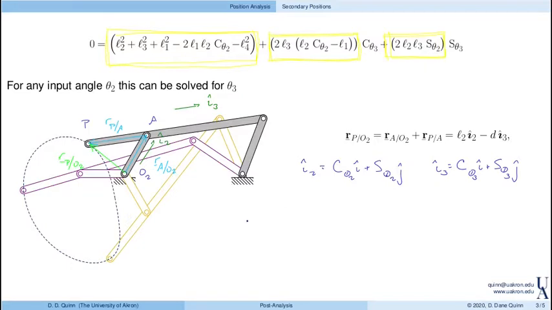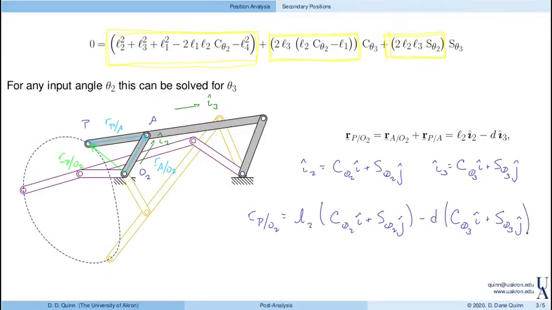So as a result, r of P with respect to O2, so the position of P with respect to O2, is L2 in the I2 direction, so that's cosine plus sine, minus d in the I3 direction, which is cosine of theta 3 i, plus sine of theta 3 j.